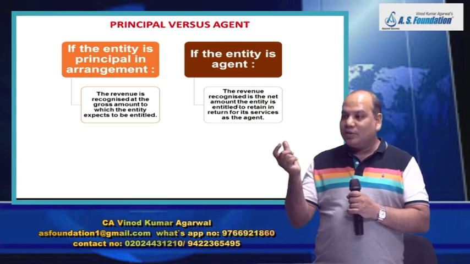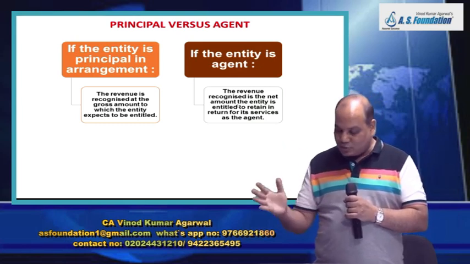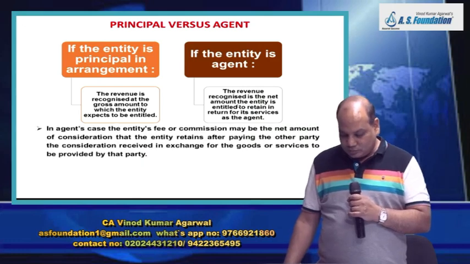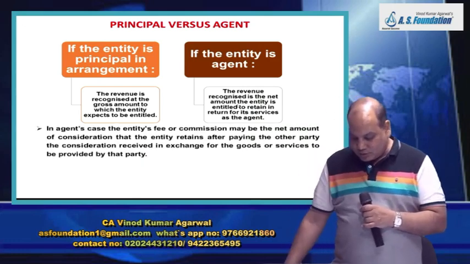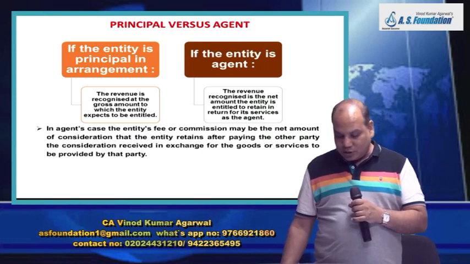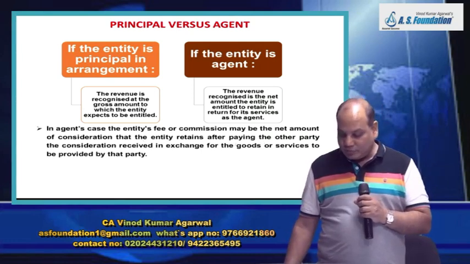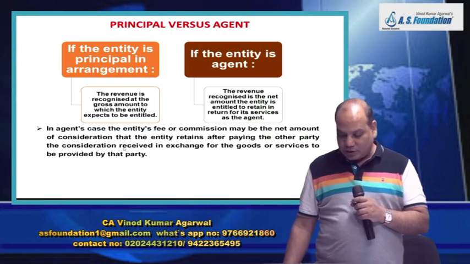So what is their income? Only 100 rupees. That is what they should recognize as revenue. In an agent's case, the entity's fees or commission may be the net amount of consideration that the entity retains after paying the other party the consideration received in exchange for the goods or service to be provided by the party.